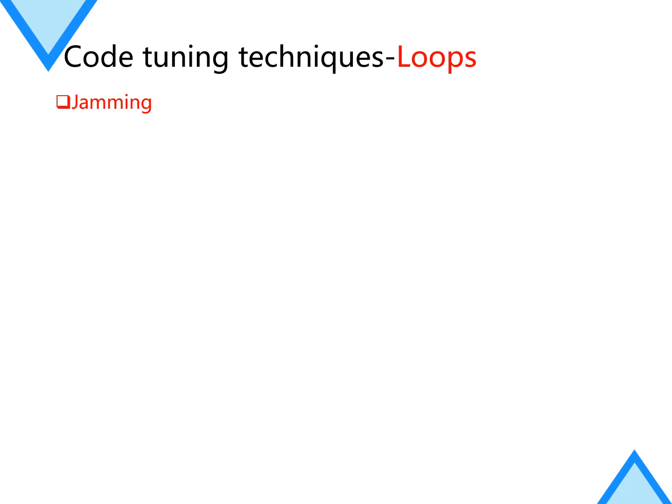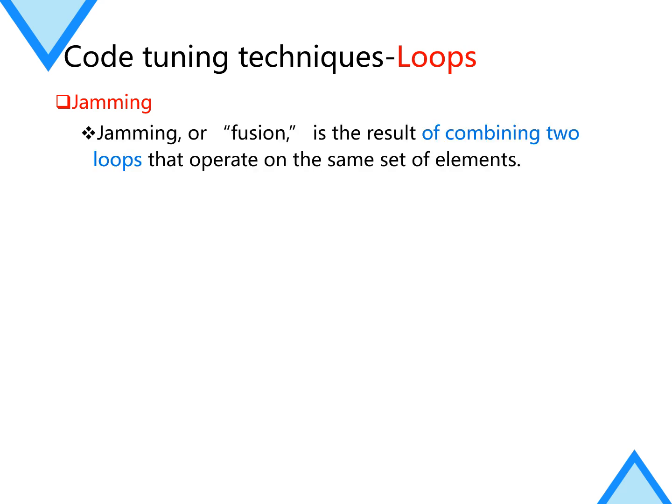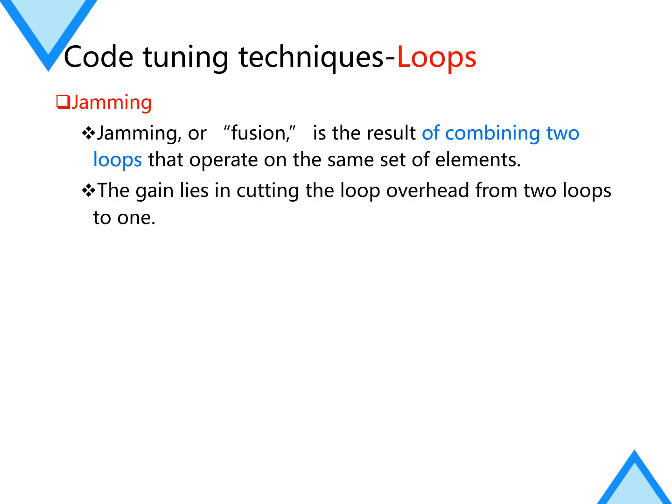The second technique is jamming. Jamming, or fusing, is the result of combining two loops that operate on the same set of elements. If you have two loops that operate on the same set of elements, with the same starting point, condition, and ending point, or if they operate on the same set of data, why not combine the loops?